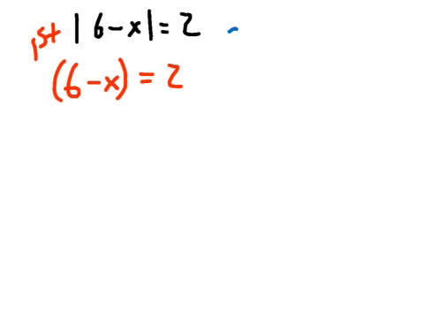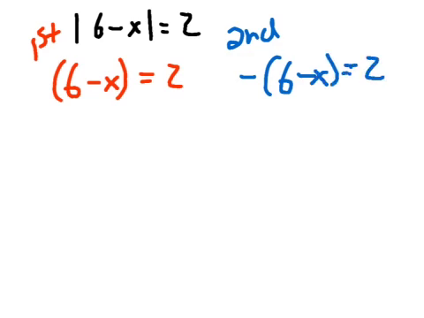The second case is that whatever is inside is going to be negative. And when whatever is inside is negative, remember we have to multiply by a negative to make it positive, because this always has to be positive. So now we just have to solve each one of these separately.